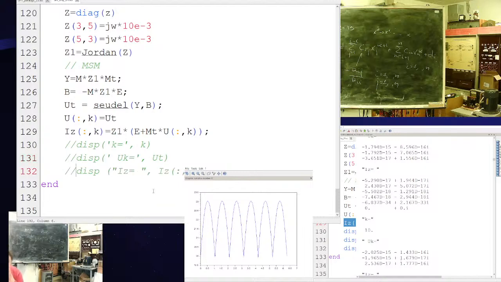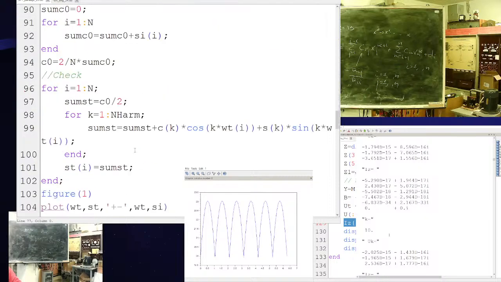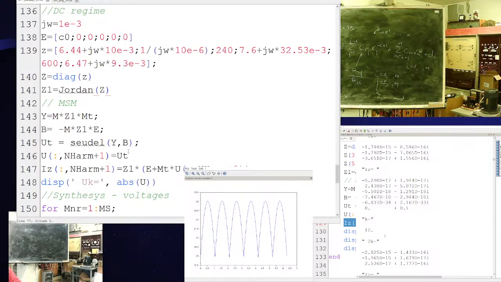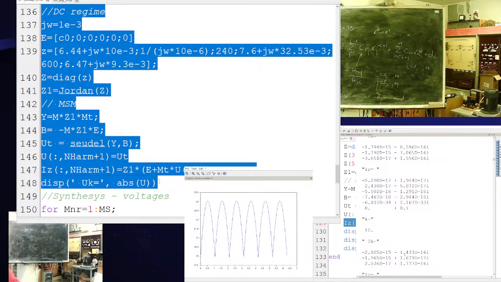One problem. What kind of problem do I have? I need to solve DC regime. And for DC regime, I should exclude all capacitors and short circuit all coils. I will do one thing that should be committed as a crime. I will calculate DC regime as a very slow AC regime. I will use this as a template.